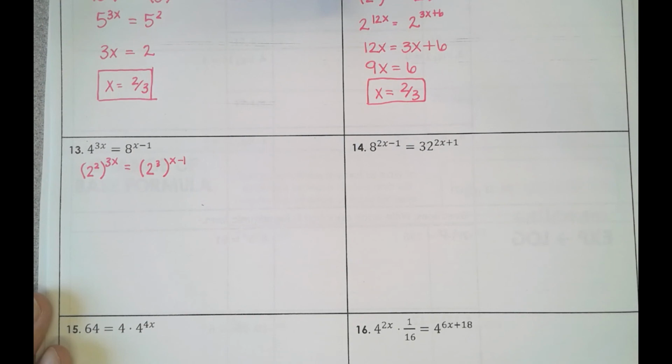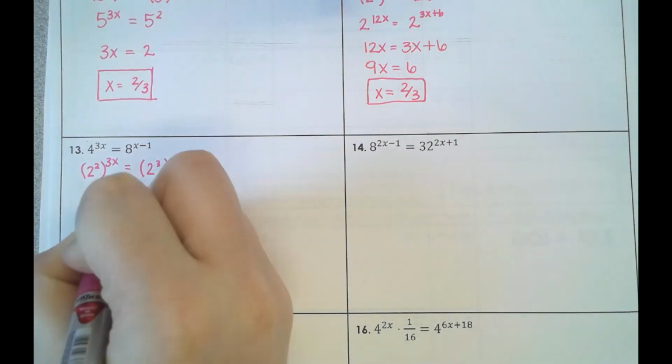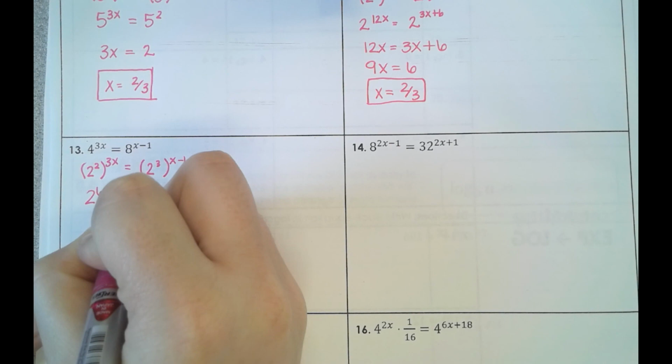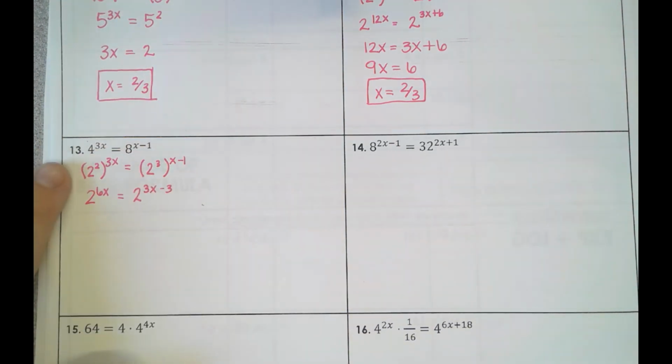All right, so this would be 2 to the 6x equals 2 to the 3x minus 3. Does anybody not know how to get those two steps? I don't mind going back through them. Just speak up if you don't know.